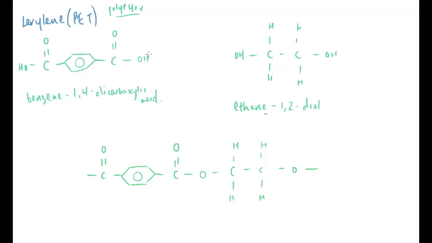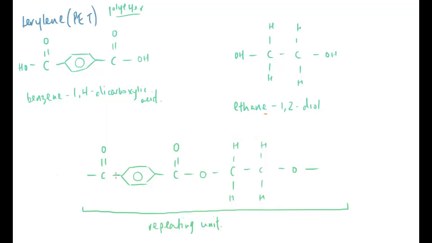Doesn't matter how. Note in this case, the repeating unit is this entire thing, because we've not got one molecule reacting. We've got 2 different molecules coming together to form one repeating unit. So this entire thing here is the repeating unit. Don't try just drawing half of it, because that obviously isn't correct.